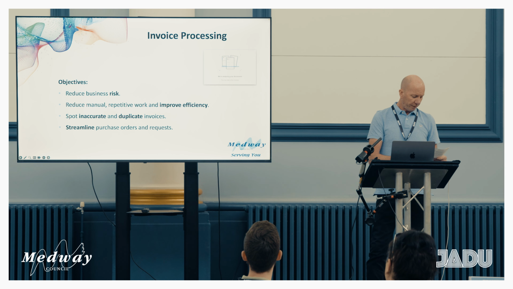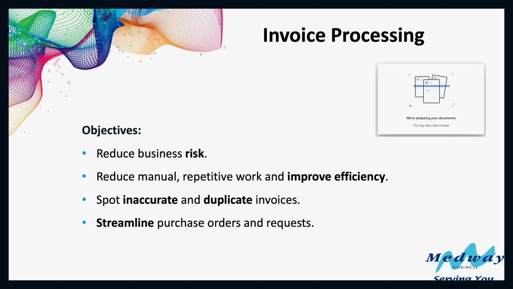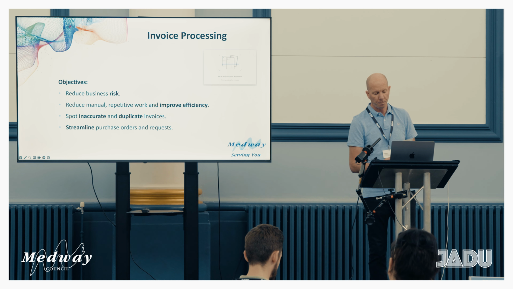So we've got all of that stuff going on. So we know that it's time consuming. And so all of this is about reducing business risk, reducing that manual repetitive work, improving the efficiencies, spotting any inaccurate and duplicate invoices. But mainly overall is just to streamline the whole process.